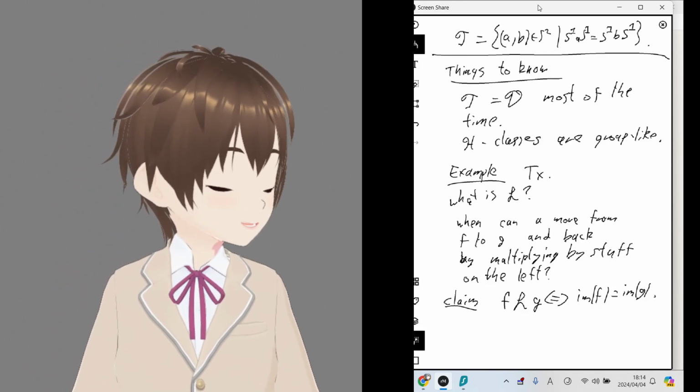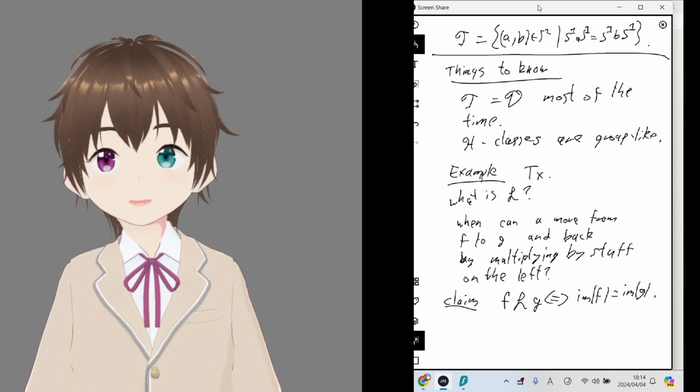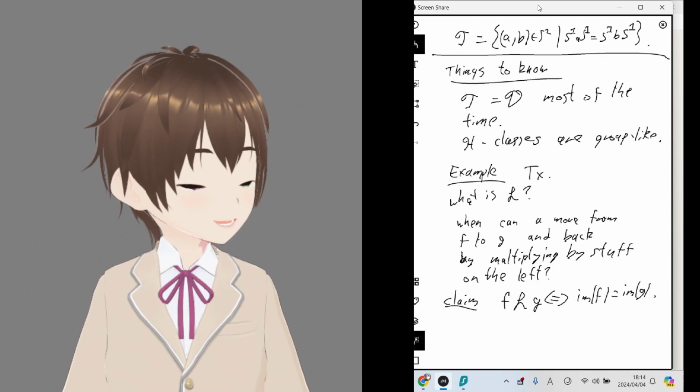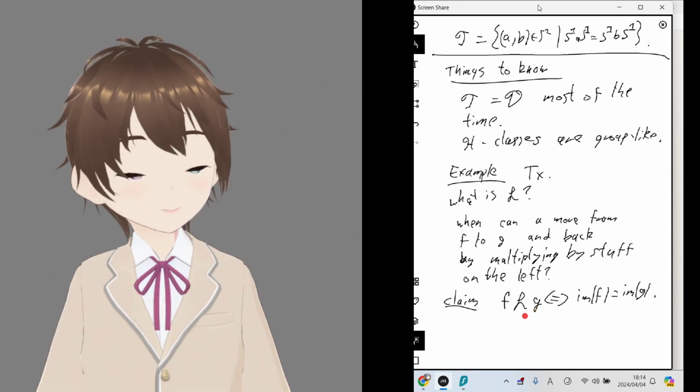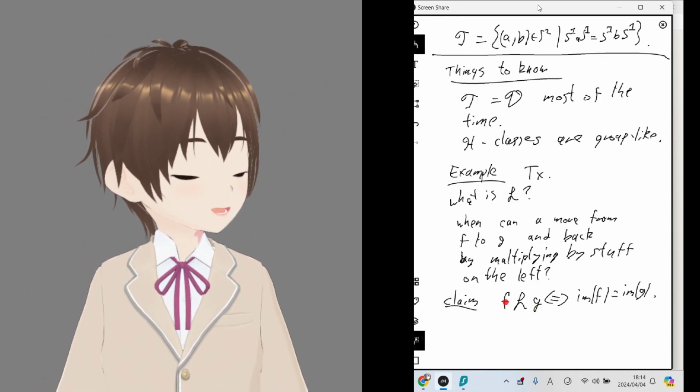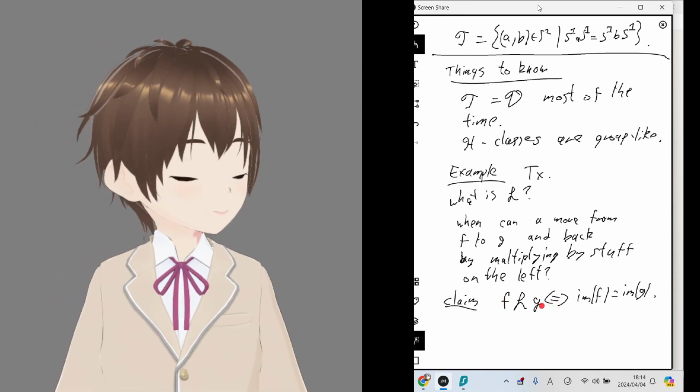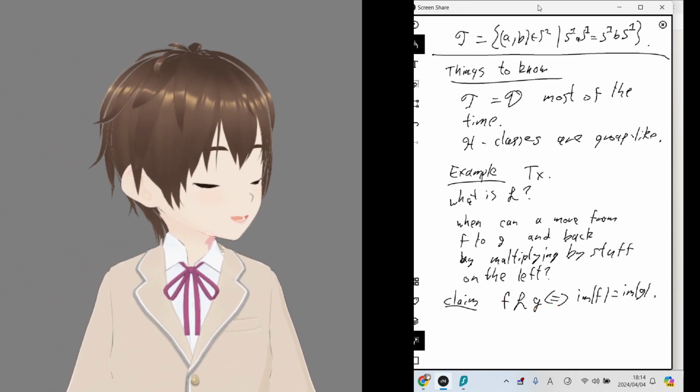Okay, so if F and G have the same image, then basically I can go from F to G by taking each thing in X and mapping it to a thing which F maps to what I want G to map it to, and vice versa.